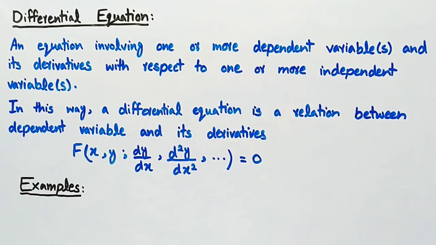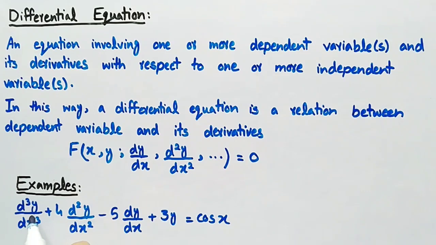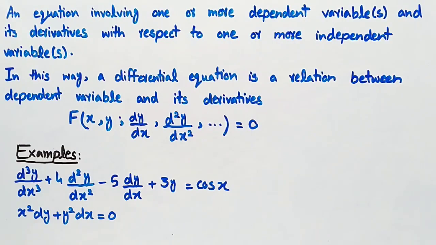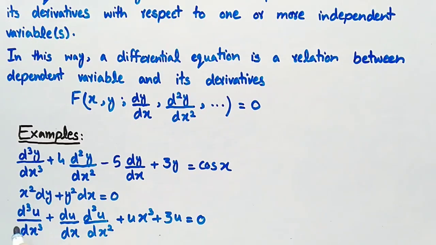A few examples of differential equations are d³y/dx³ + 4 d²y/dx² − 5 dy/dx + 3y = cos x. x² dy + y² dx = 0. d³u/dx³ + (du/dx)(d²u/dx²) + ux³ + 3u = 0.